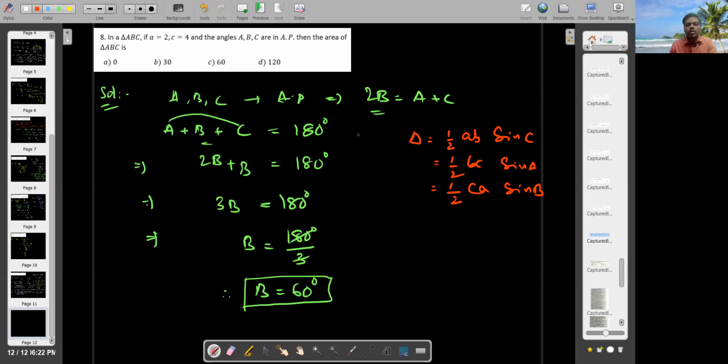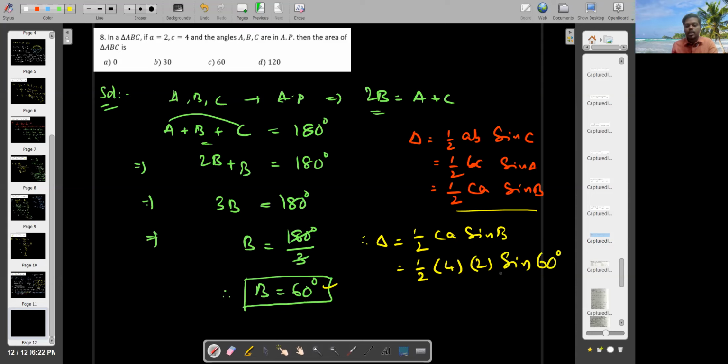So we can use the last formula. B also we got it 60 degree. Therefore, area of triangle is half ca sin B. That equal to half, c is 4 into a is 2 into sin B, 60 degree.